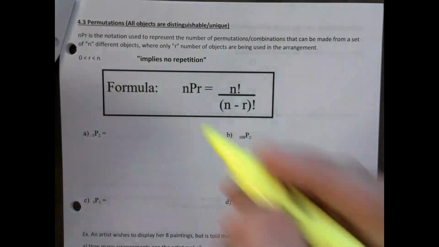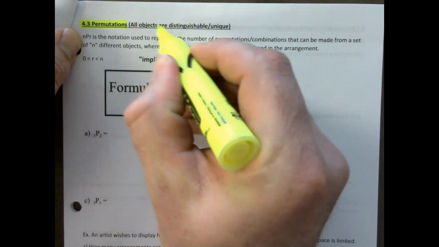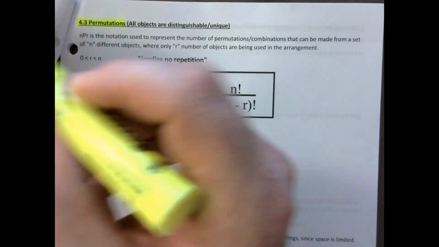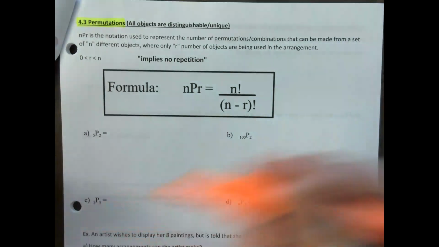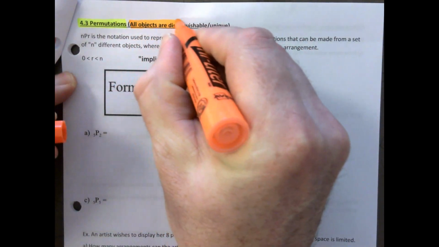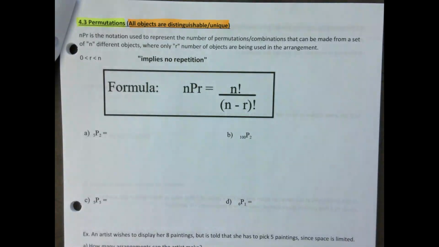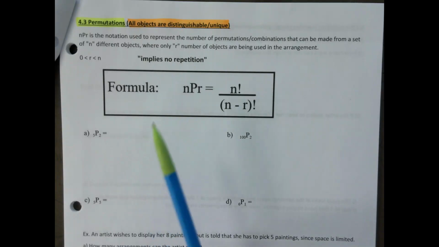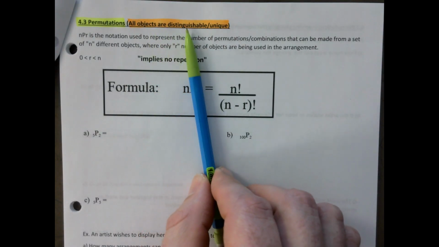Page 22, permutations. Use a different color for this part. All objects are distinguishable and unique.